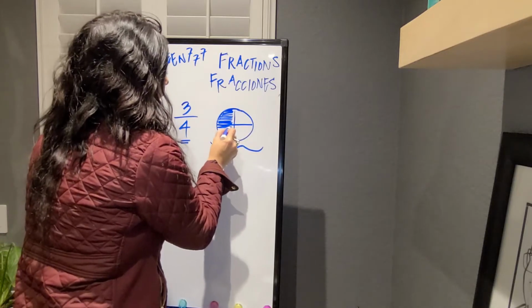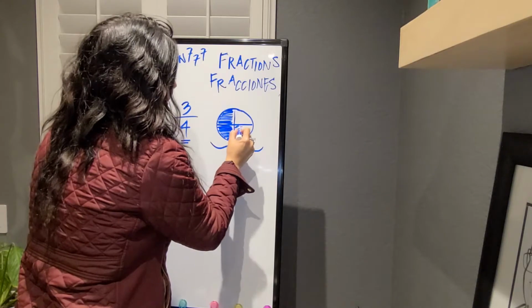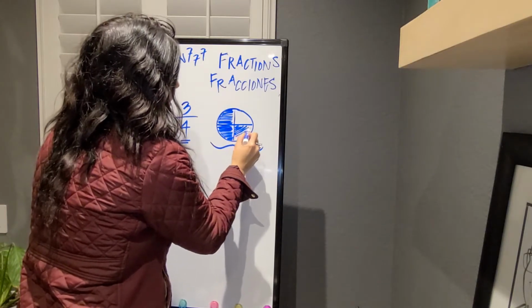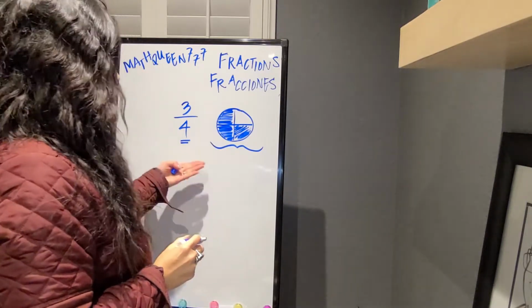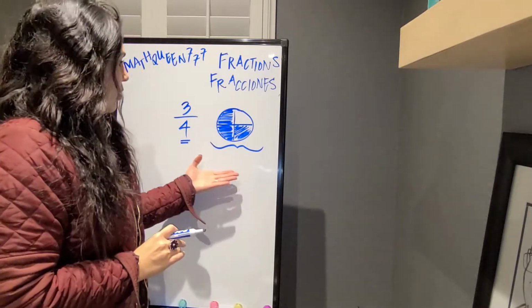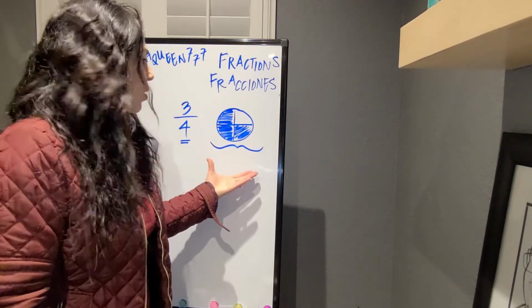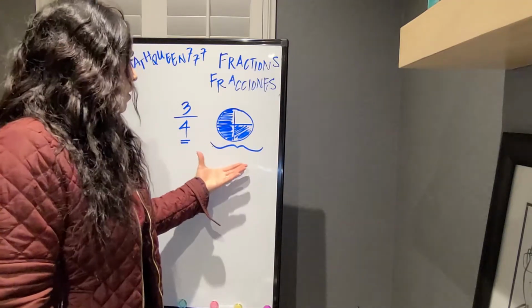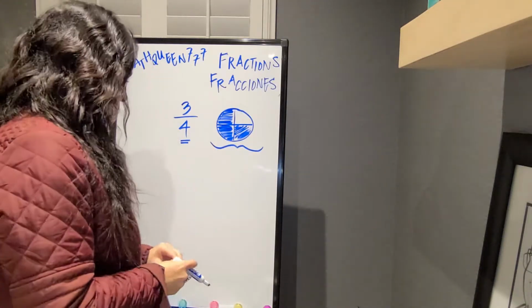Vamos a colorear o sombrear 3 de estas partes para enseñar que estos son 3/4. Okay, so do you see how this is 3/4? So what we've done here is represented 3/4 in a visual as a fraction. Lo que representa ahora este dibujo son 3/4.